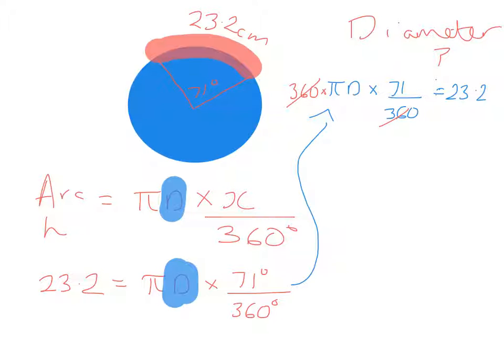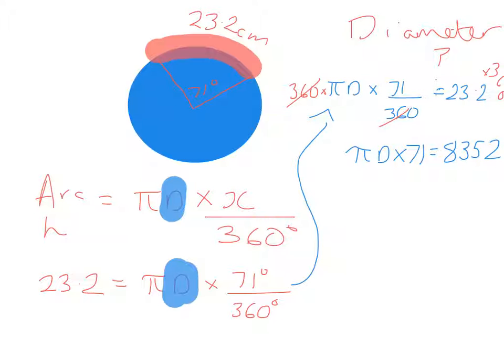So multiplying this side by 360 would get rid of this 360, and we're going to multiply this side by 360 here. So on the left I'm going to have pi d times 71, and that is equal to 23.2 times 360. So that's 8,352.